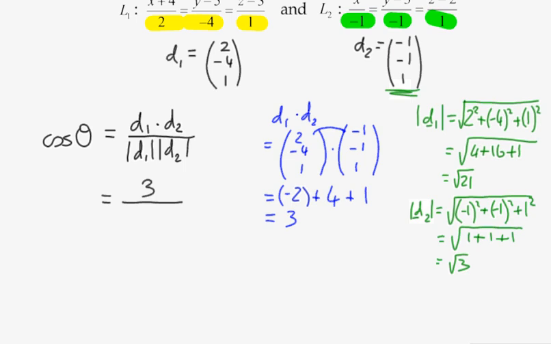I can feed that back into my main angle calculation and say that our denominator is root 21 multiplied by root 3.